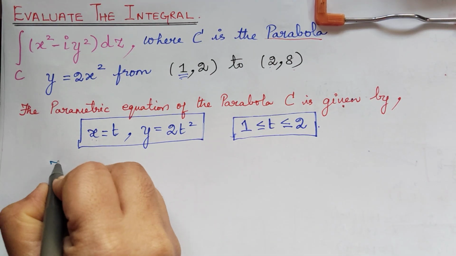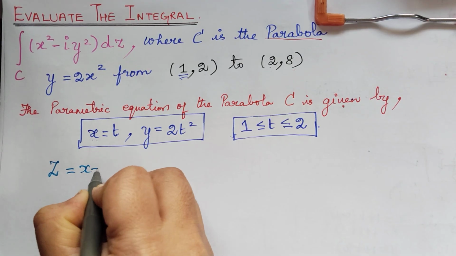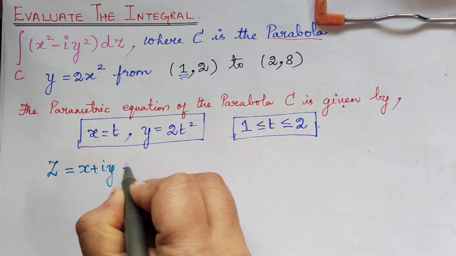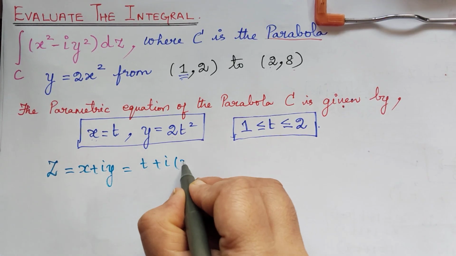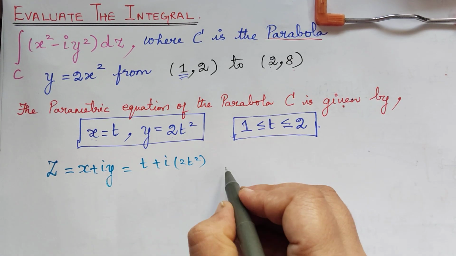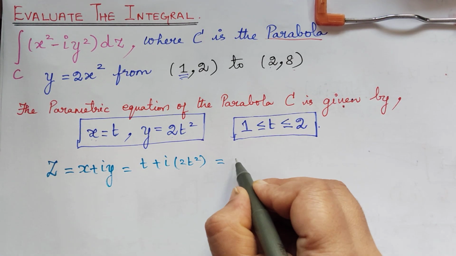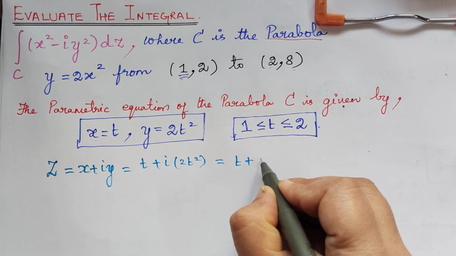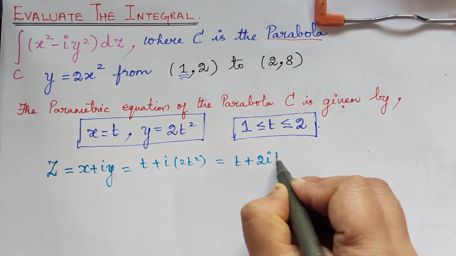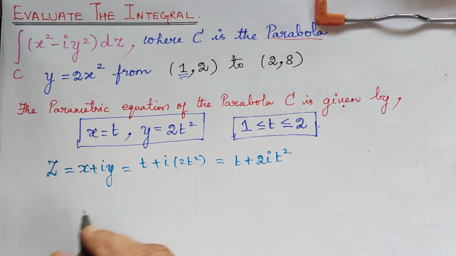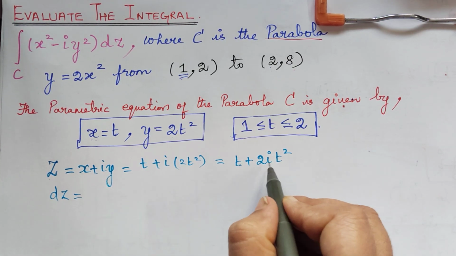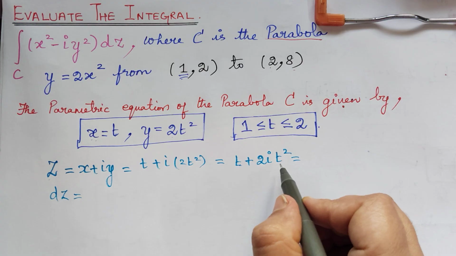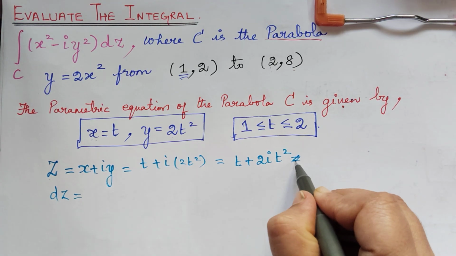Also we shall evaluate z, which is equal to x plus iy, where x is t plus i multiplied with y, which is 2t square. So this will be t plus 2i t square. This is z. So what will be dz? dz will be the differentiation of this with respect to t.